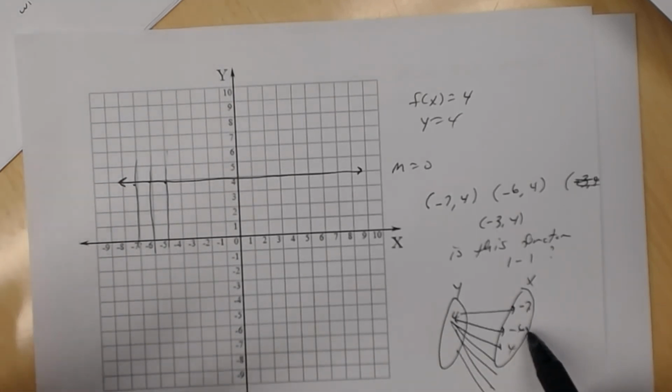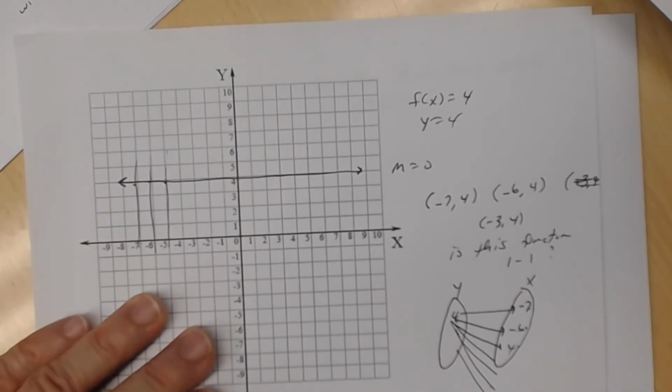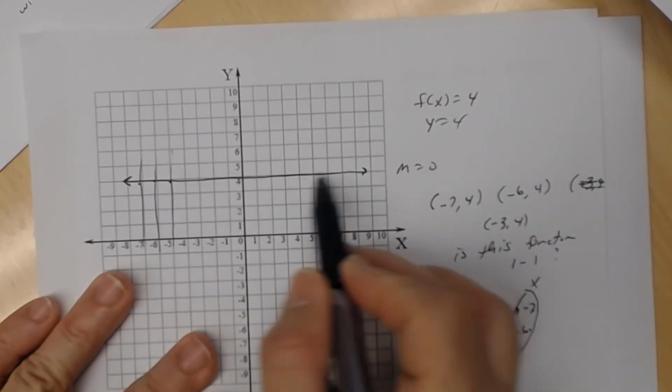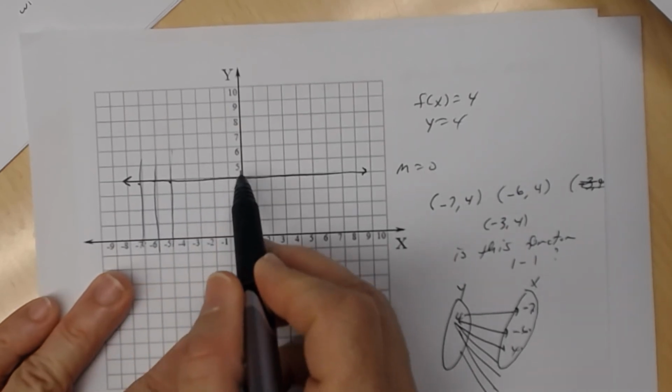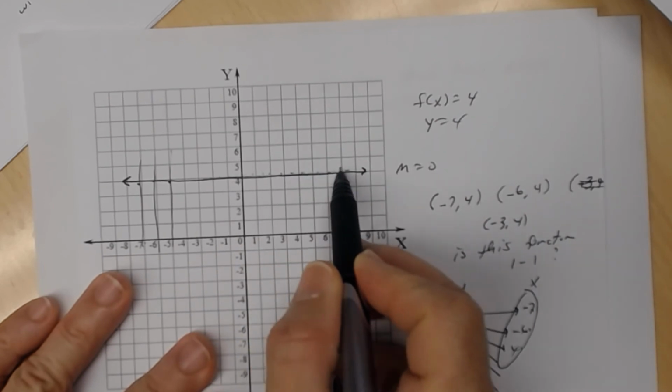When y is 4, I get an x value of -6. When y is 4, I get an x value of 4. In fact, I get an infinite number of x values. So it fails the horizontal line test. Because remember, when I draw the horizontal line, it intersects this linear function in more than one place. In fact, an infinite number of places.